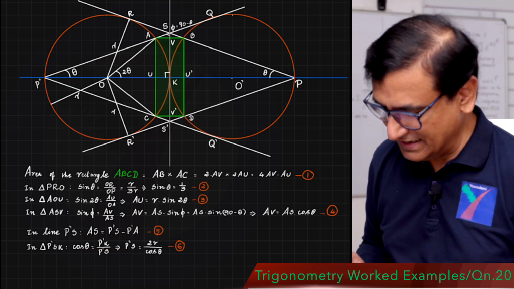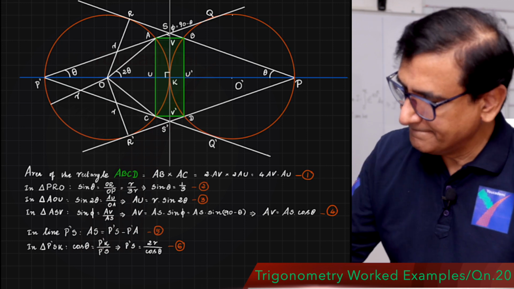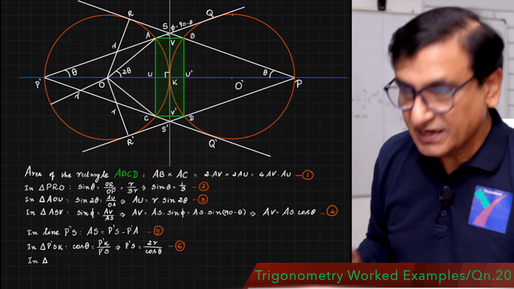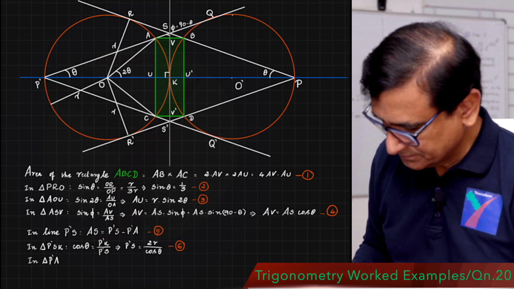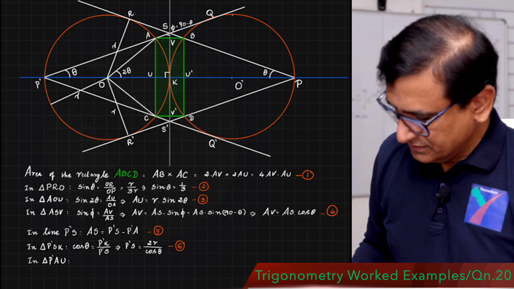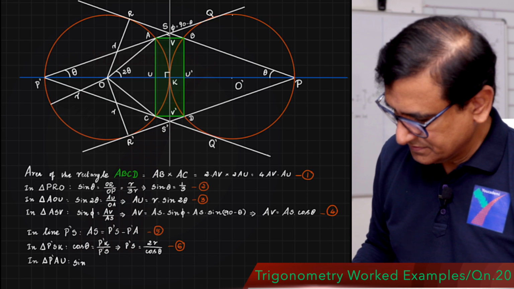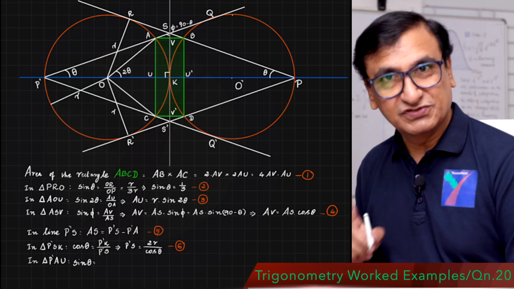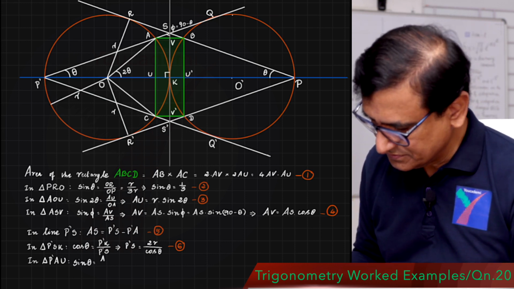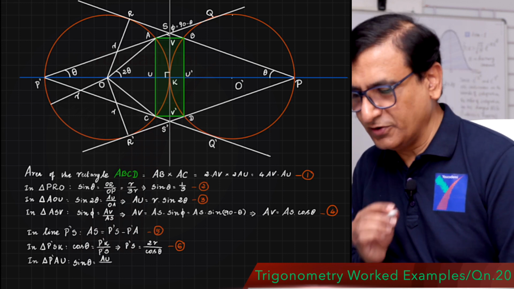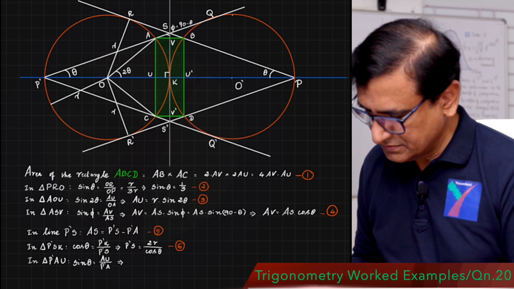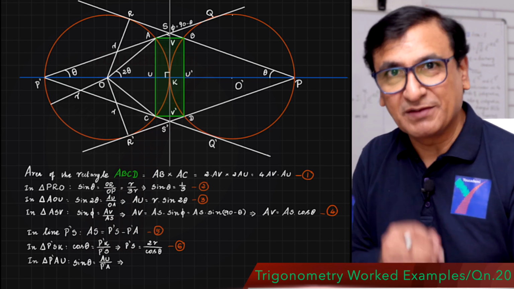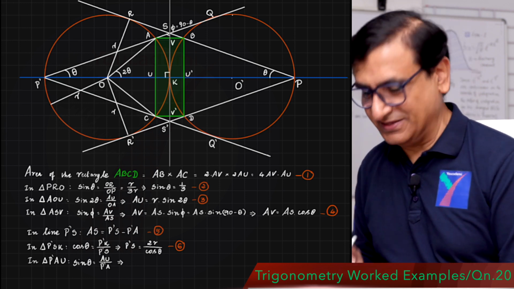Therefore, in triangle P prime AU, sine theta equals opposite side AU divided by hypotenuse P prime A, which implies P prime A is AU divided by sine theta.